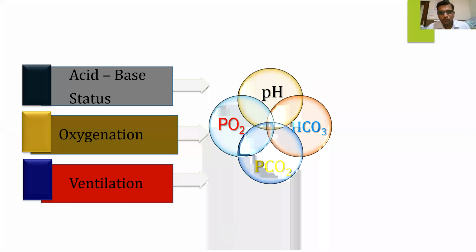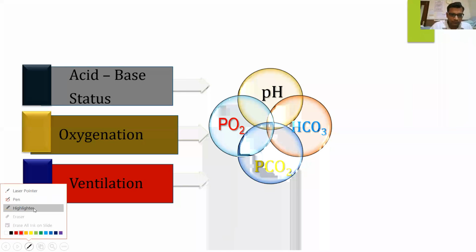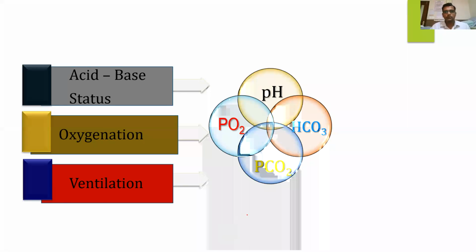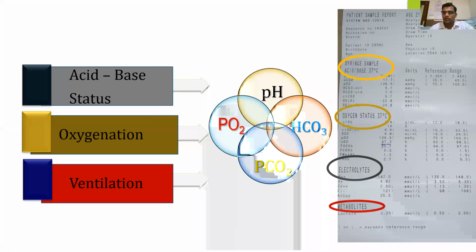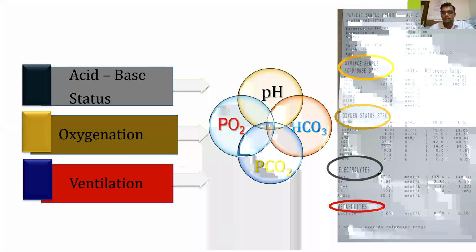Coming to ABGs, why do we do arterial blood gas analysis, or what all information does it give? ABGs give you information regarding the acid-base status, the oxygenation, and the ventilation, that means CO2.